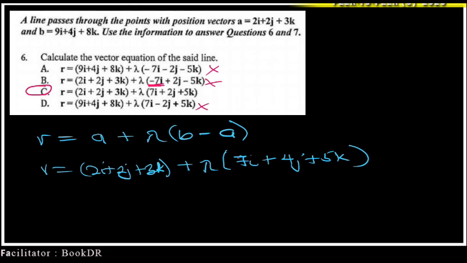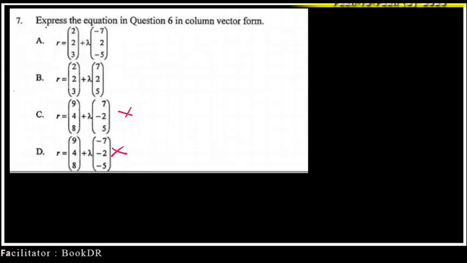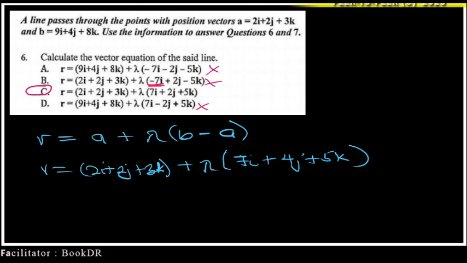Let's look at the other part. We should expect 7, then 4k. Is this 7, 2k or 7, 4k? Let's check our working over here. Let's perform the subtraction again: 4 minus 2 gives 2j. Let's do the correction.